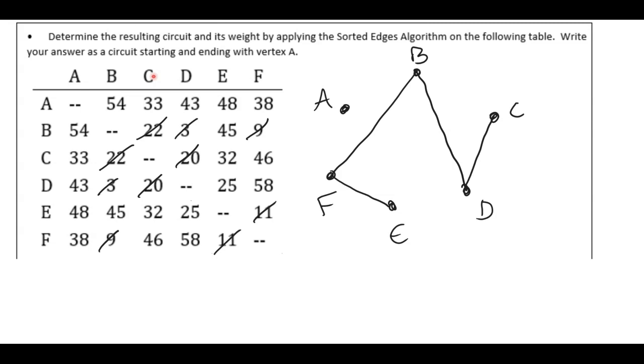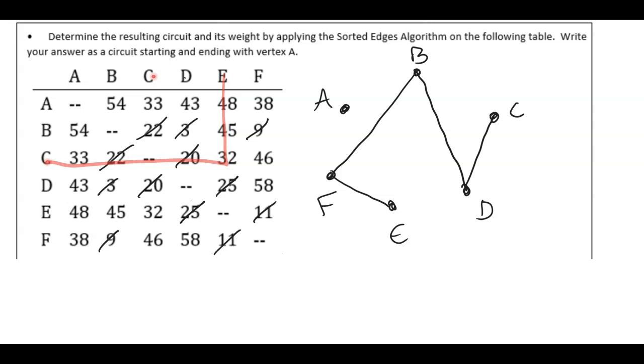Next one would be the 25. 25 is D and E. D to E, again, creates a circuit before all the vertices are done. We can't use the 25. The next shortest one is 32.